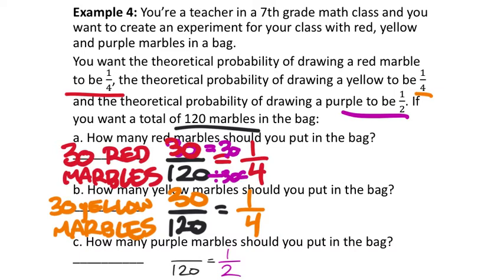So, fish method on this one, I guess. This will work. So that would be 120 times 1 divided by 2. That's 60. That's 60 purple marbles.